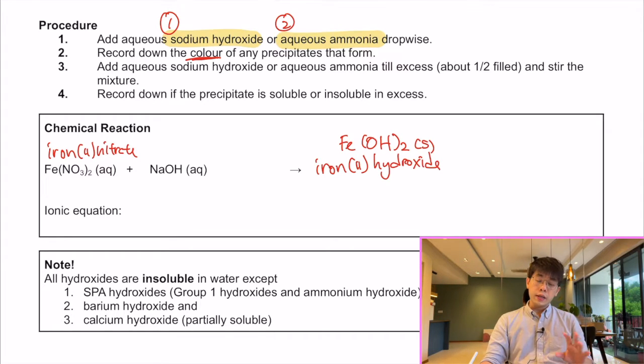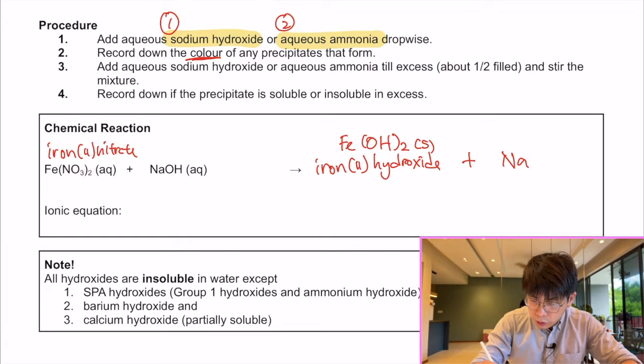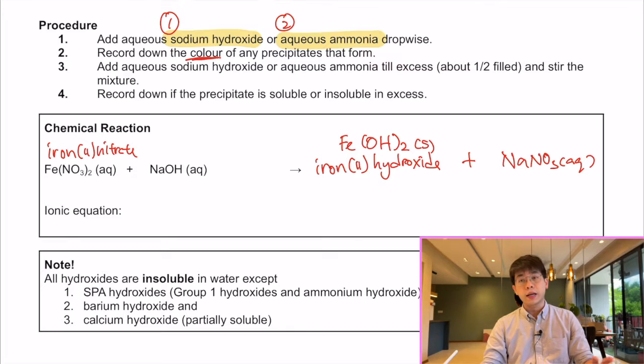Later you'll learn that this iron 2 hydroxide is actually a green color. Besides this, you will also form sodium nitrate, which is still in the solution, so you can't see it, it doesn't matter. But the iron 2 hydroxide, which is a precipitate, is something that you can see and confirm.